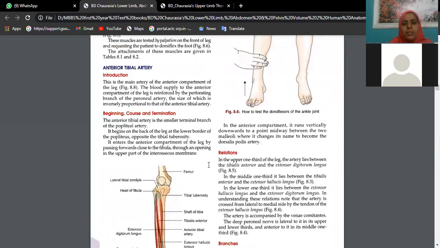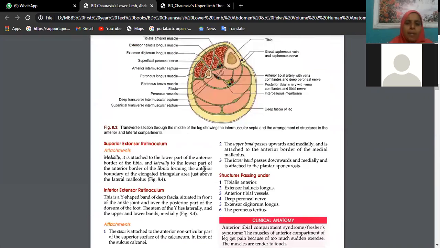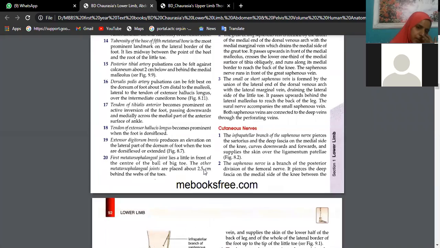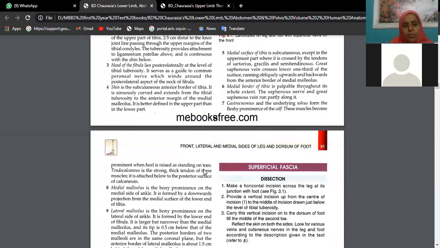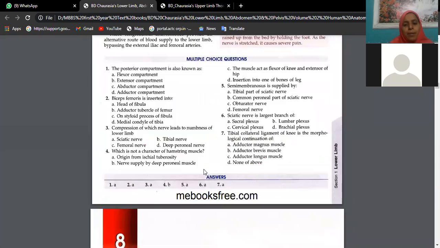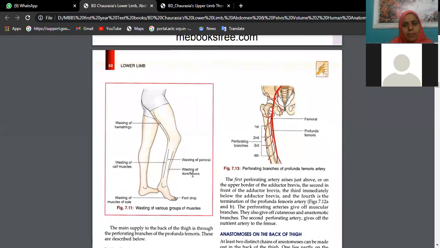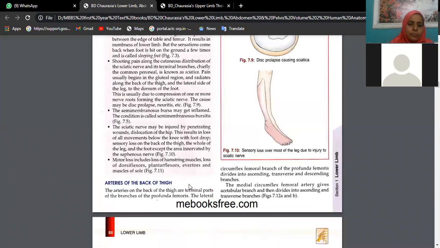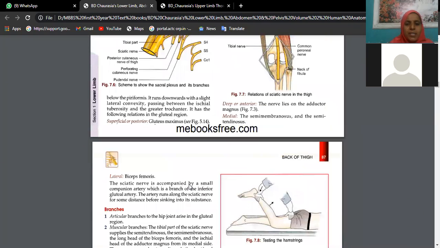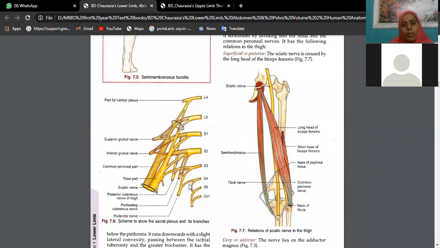Laterally only two muscles: peroneus longus and peroneus brevis. And the deep peroneal nerve supplies the anterior compartment. Muscles there: tibialis anterior, extensor digitorum longus, extensor hallucis longus, and peroneus tertius.